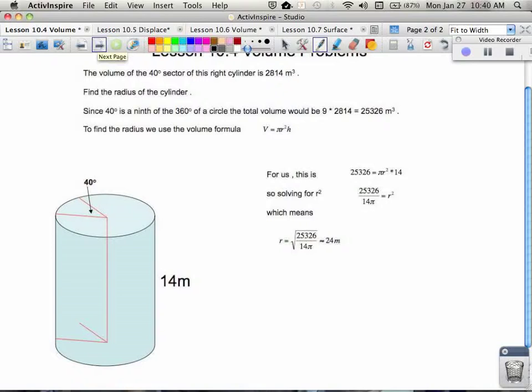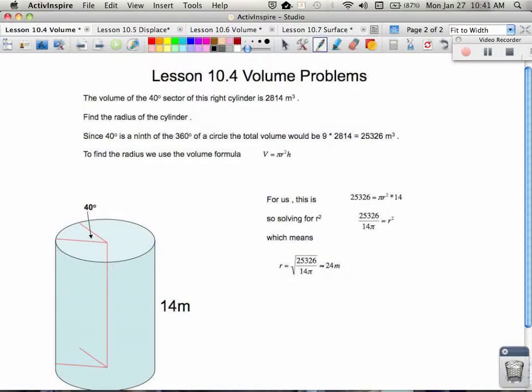In our second example, another similar style problem, we are given the volume of the 40 degree sector of this right cylinder, and we want to find the radius. Part of the problem is they only give us the volume of the 40 degree sector.